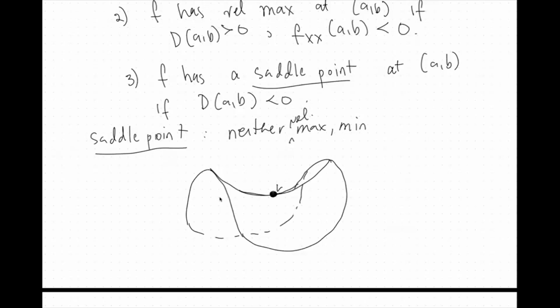It's like the saddle of a horse. This is why it's called a saddle point. This is familiar to you from before, in quadric surfaces.